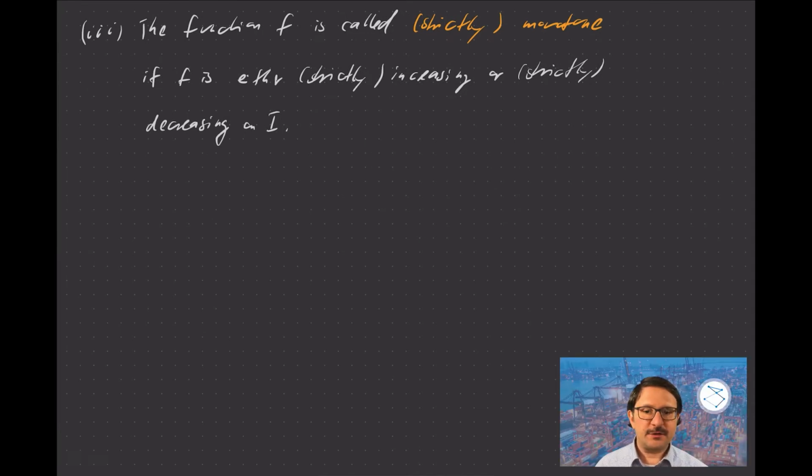Another question is, of course, how can we derive monotonicity properties of a function from its derivative if the function is differentiable? And as I said, the idea is that the derivative of f yields information on the slope of the function. And of course, that means if we have a function that is positively sloped, then that function will increase.